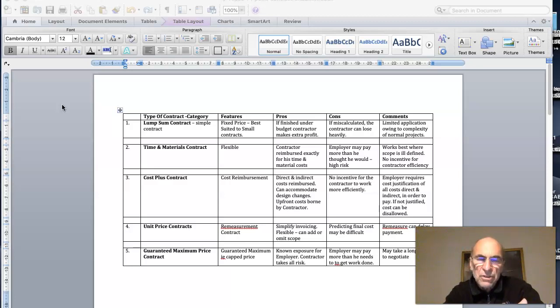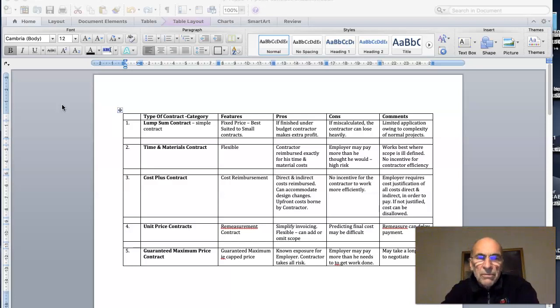So if it's finished under the amount of money budgeted by the contractor, then he will make extra profit. If the contractor has miscalculated, he could lose money, possibly heavily, if he's significantly underestimated.